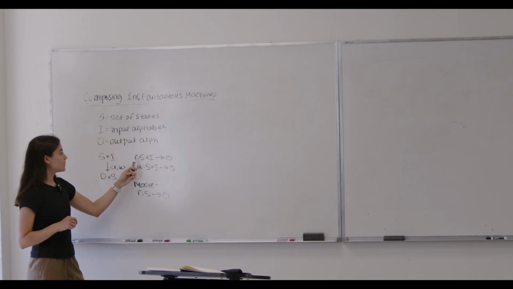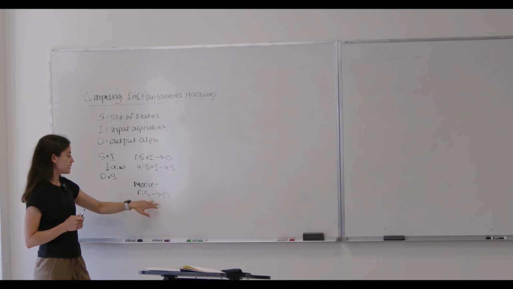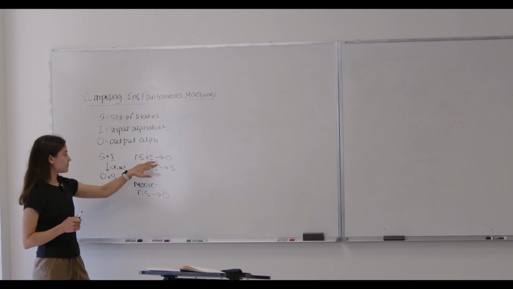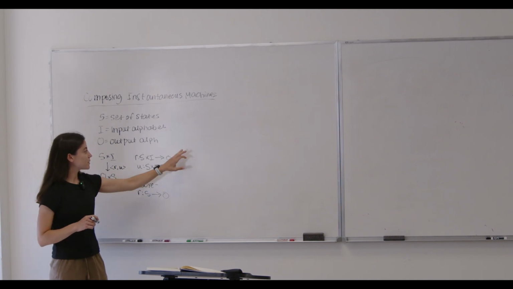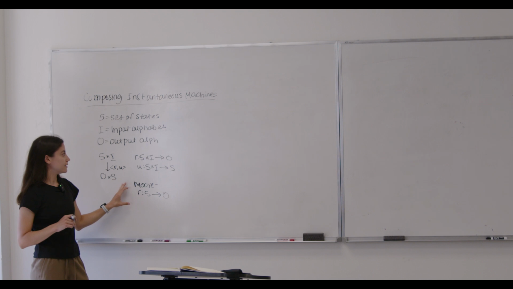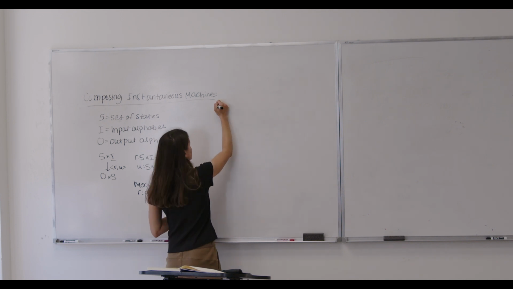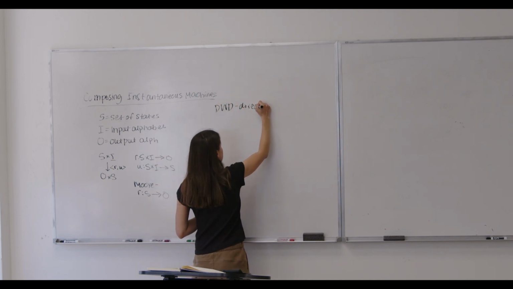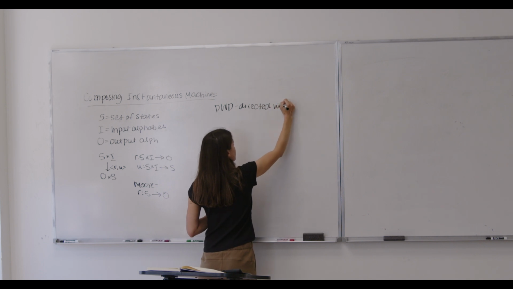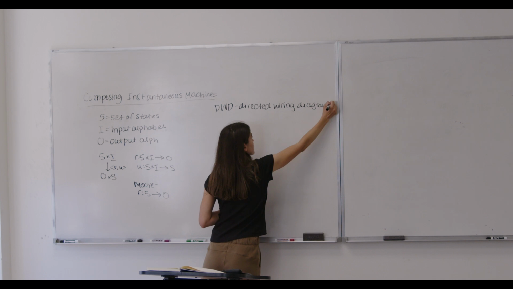And so what we want to do is extend what was done for directed wiring diagrams, which has this readout approach, and we want to now have this dependency on the input alphabet. Before we get into what we're going to call dependent directed wiring diagrams, we'll first go over directed wiring diagrams, DWD.